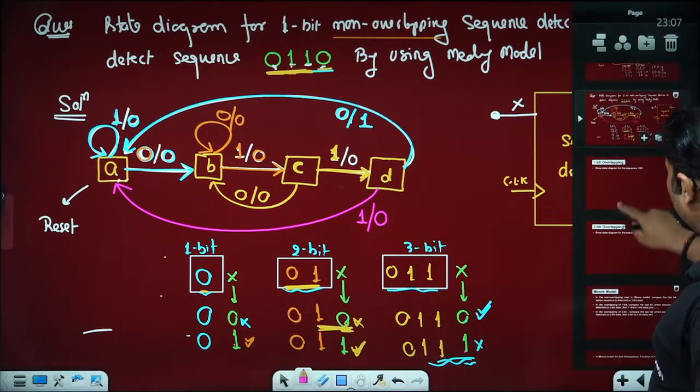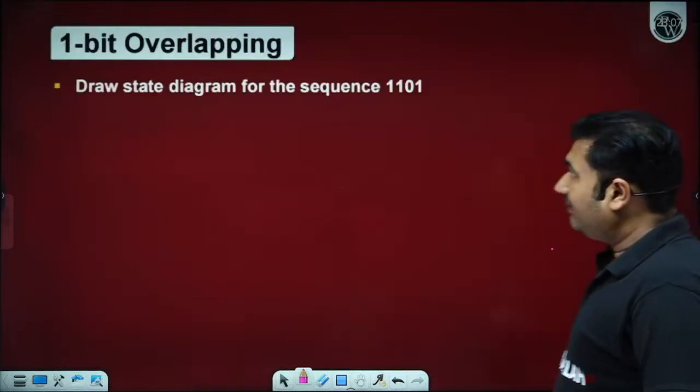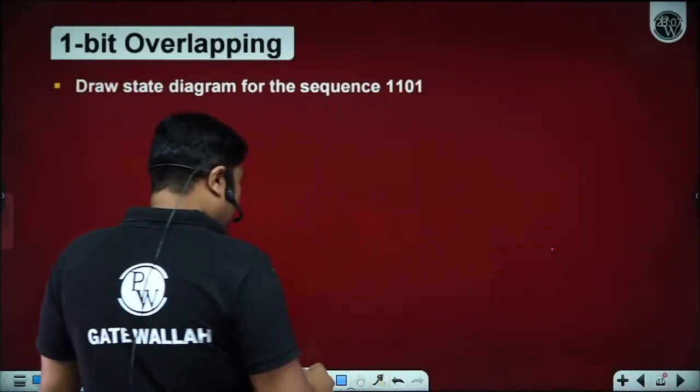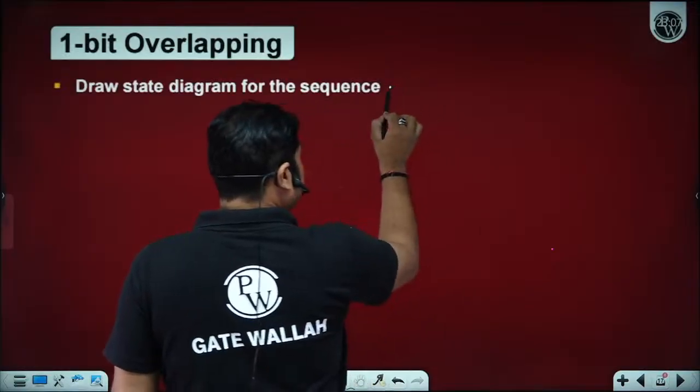Very good. Now come to the 1 bit overlapping. Let's talk about 1 bit overlapping.